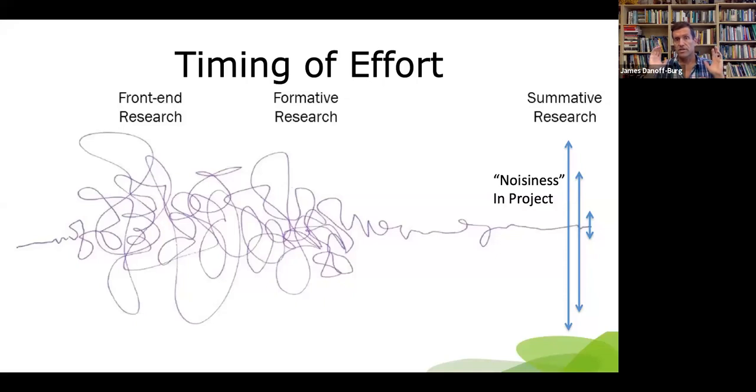Right? If the intervention was consistent, the noisiness in the project goes down as we go from front end to formative to summative. Okay? So that means that we are getting better, right? The quality of our intervention, the quality of our research is getting better.